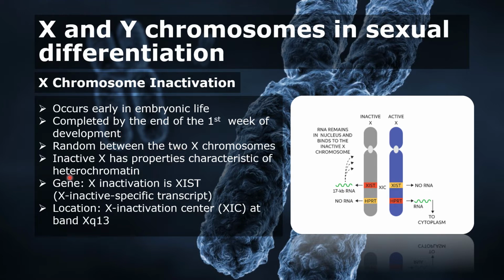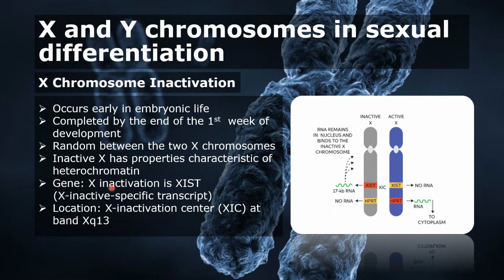Okay. Also, the inactive X has the characteristics of heterochromatin, with late DNA replication in the S phase of the cell cycle and remaining condensed during interphase. Okay. So, a gene that controls this process is called the X inactive specific transcript, or XIST.